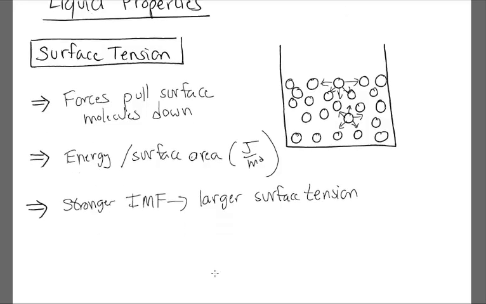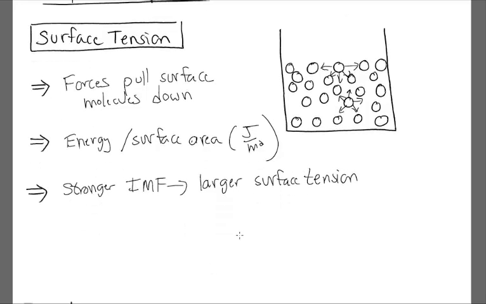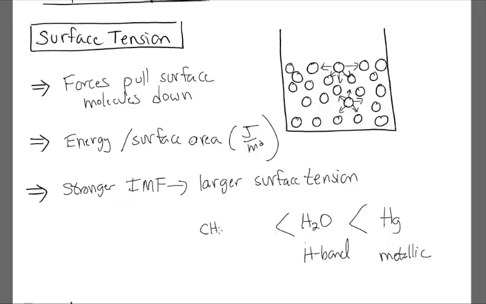For instance, I can tell you that mercury has metallic bonds, so the intermolecular forces there are metallic bonds. That will have a very large surface tension, and water will have weaker but still pretty strong. It has hydrogen bonding. And weaker than that would be something with less hydrogen bonding per unit area.